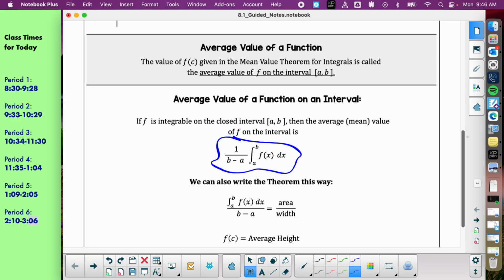It'll have a multiplier in the front of the integral that's 1 over the width. So this would be the average height. And they traditionally will never phrase it this way, but that's probably how your head will interpret it. You can write it this way. I have very seldom ever seen it written like this. On the AP test, they always pretty much exclusively write it like that top one.